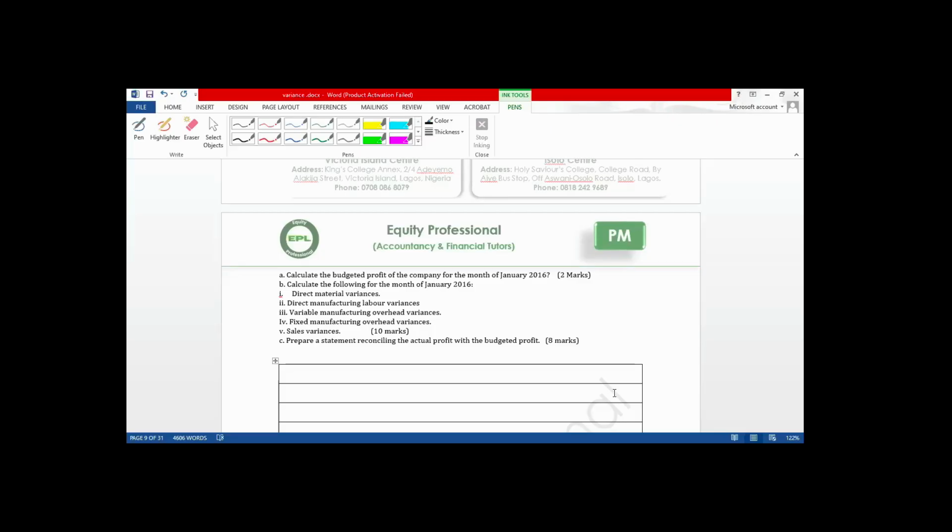Your budgeted profit is, if you have to calculate budgeted profits, your budgeted profits is equal to budgeted quantity, budgeted units, multiplied by the standard profit per unit.